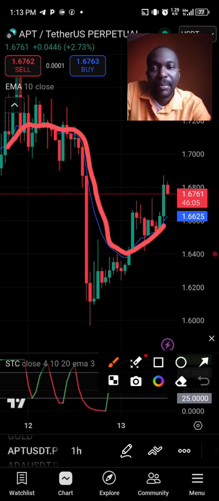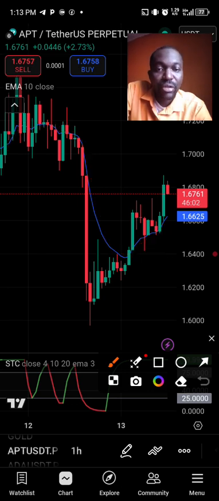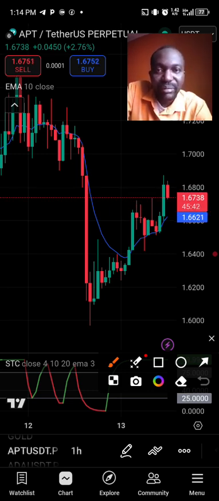You see this blue line? That is called the EMA, the exponential moving average. Now, what the EMA does is it calculates the averages of prices for a specific amount of candlesticks, and it gives us a plotted representation on the chart. That's what you see with that blue line.